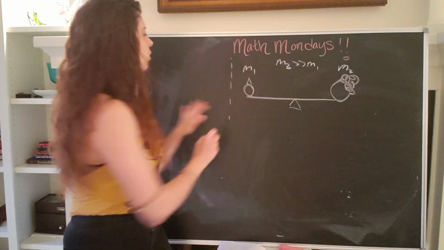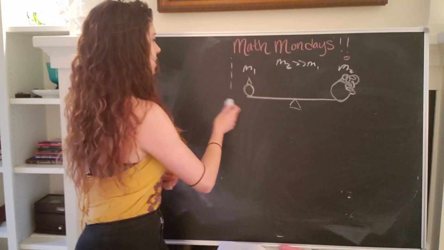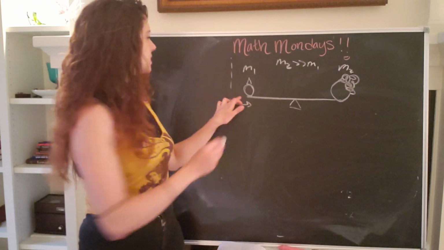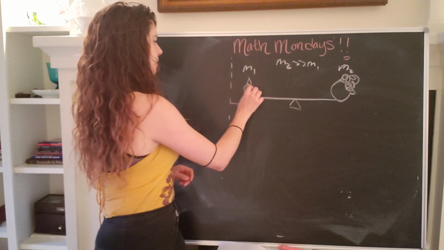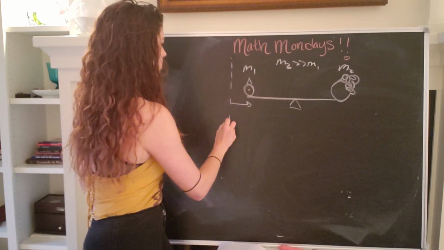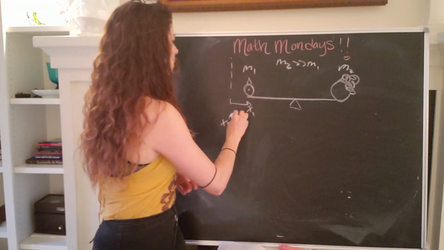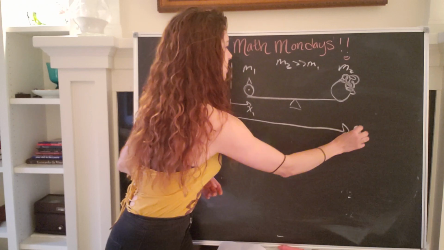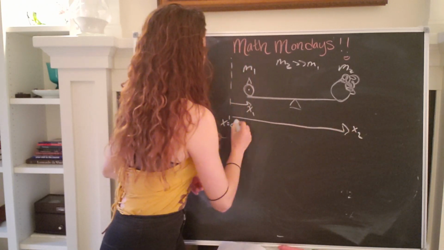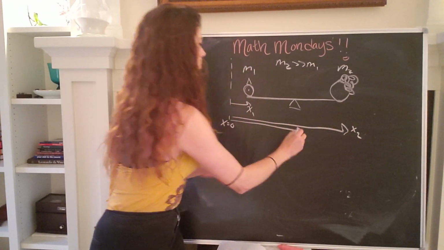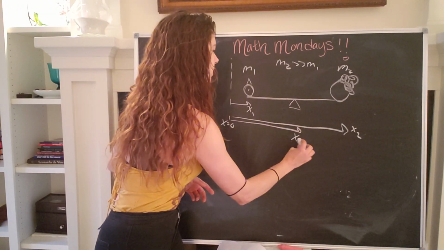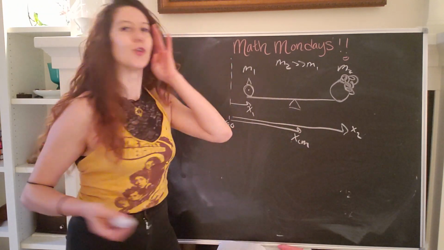So I'm going to pick it a little bit to the left of the seesaw. Then I'll say that the distance of my nephew from our origin point, where x equals 0, is x1. The distance that I am is x2. And the distance to the center of mass we can represent with xcm for center of mass.